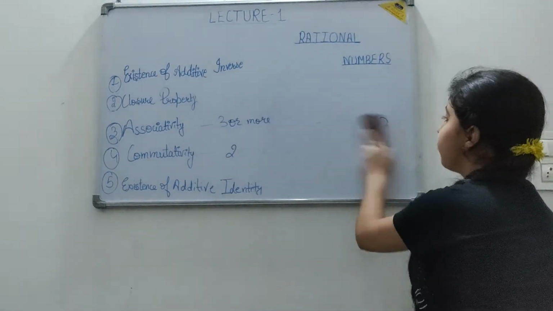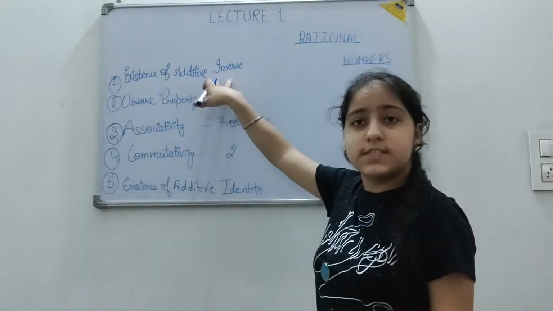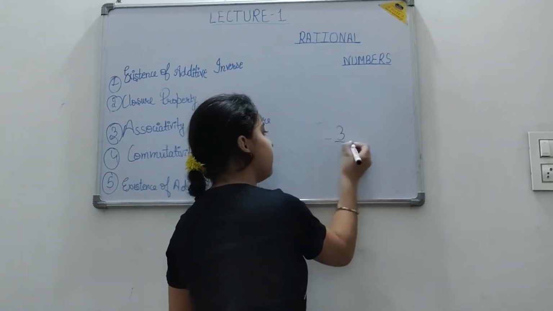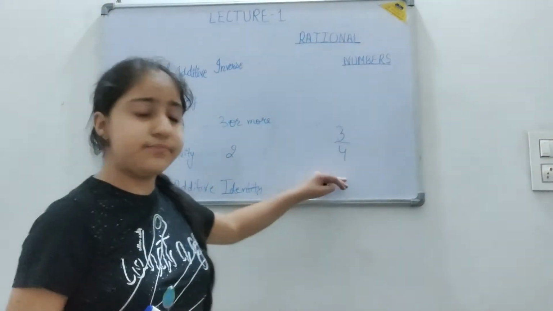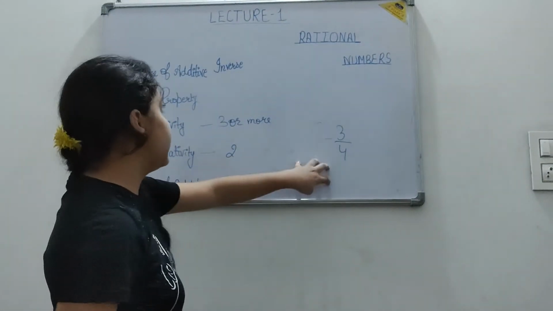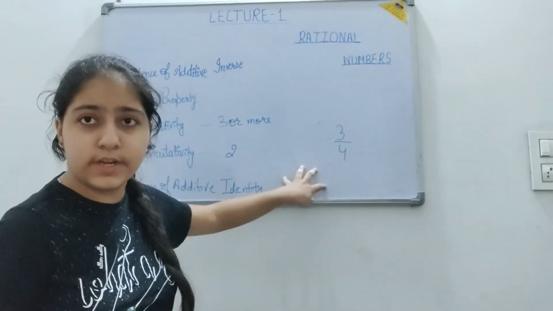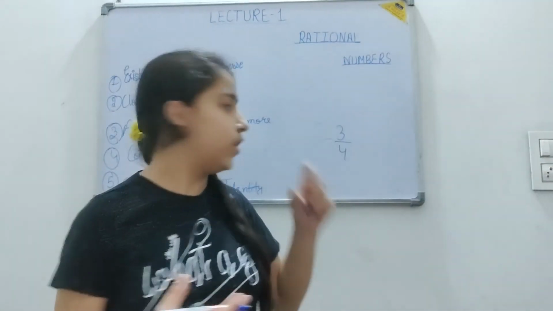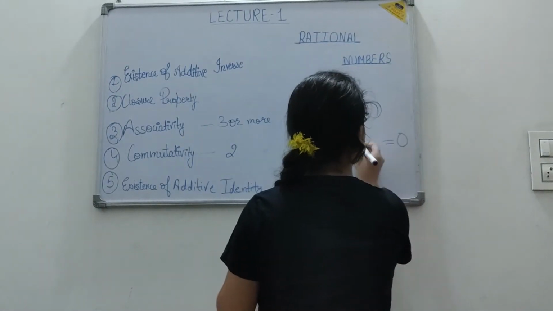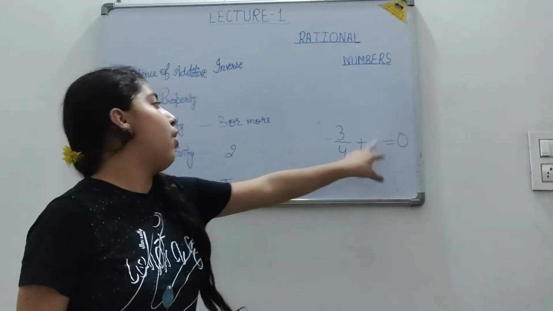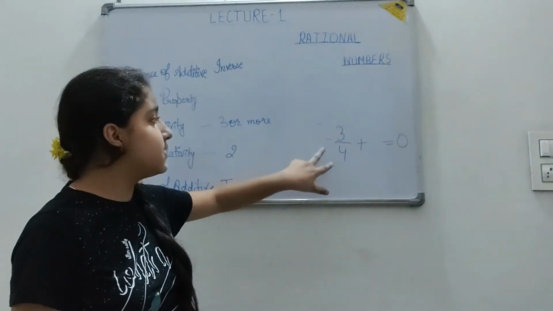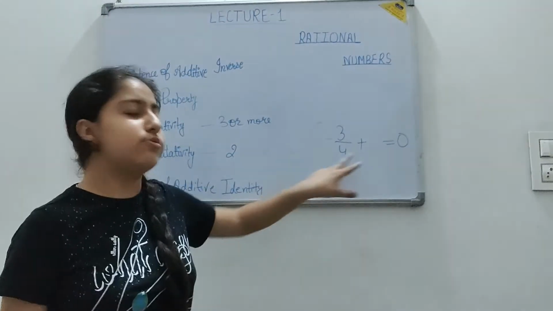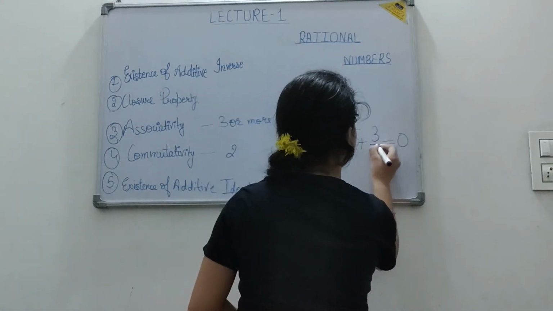Good. Coming to the last property, the existence of additive inverse. Let's say minus 3 over 4. This property says that you should add a number here which results in the answer 0. So the number which is in negative form takes a positive number of its form to give 0. So it is 3 over 4.